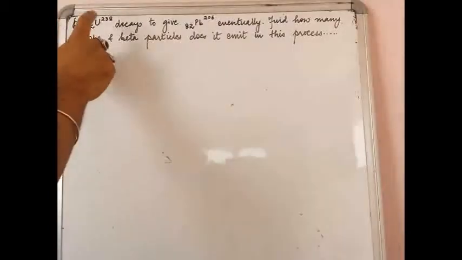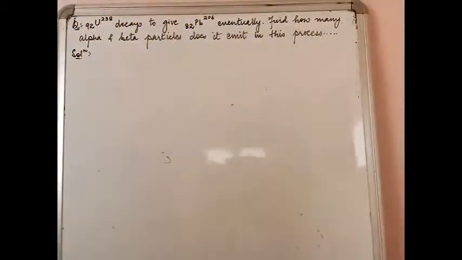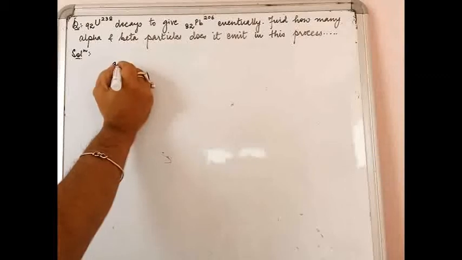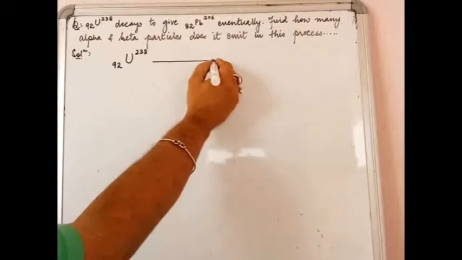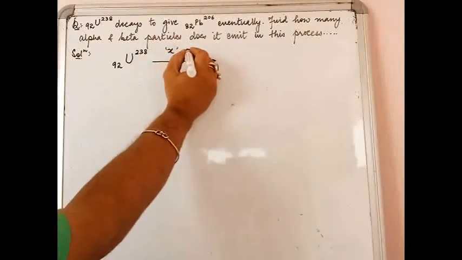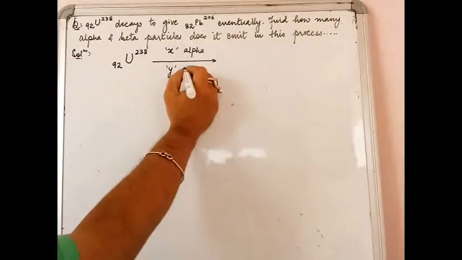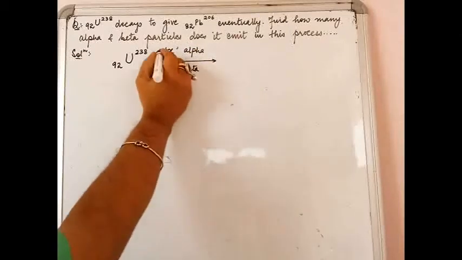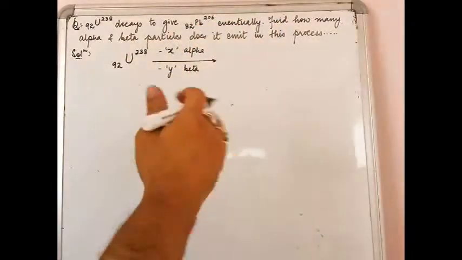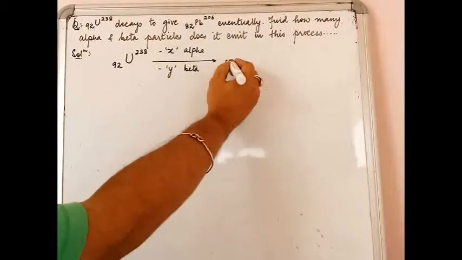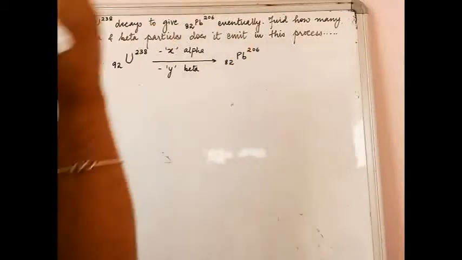Okay, so this is the parent nucleus, this is going to be the daughter nucleus. So let us write that down. 92U238. Suppose it gives out X number of alpha particles and Y number of beta particles. So I am going to write minus X alpha, and minus basically means giving out. Okay, so eventually it becomes 82Pb206.